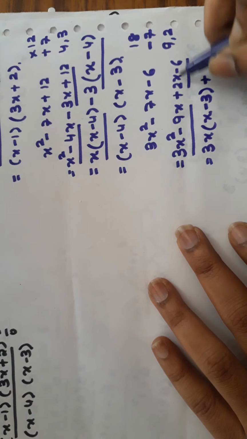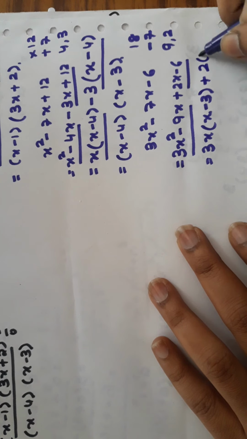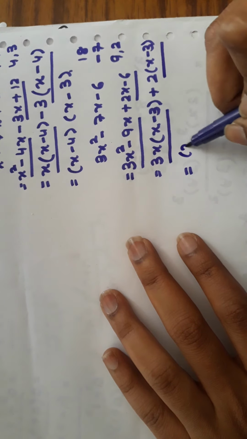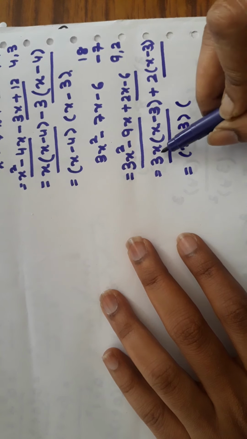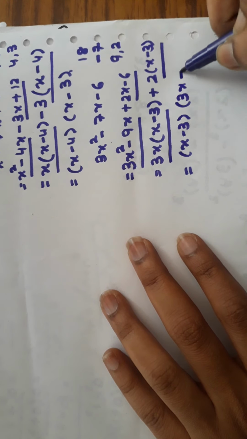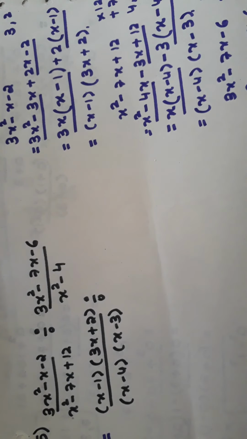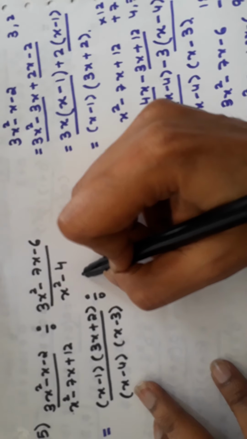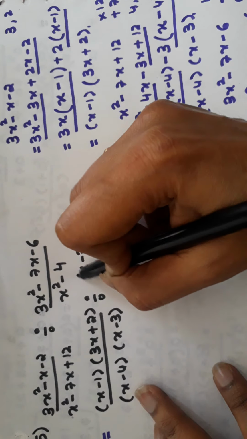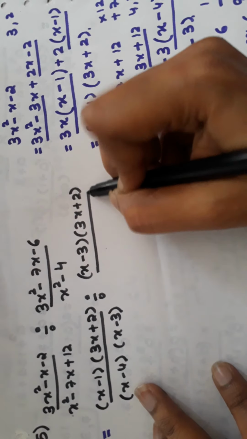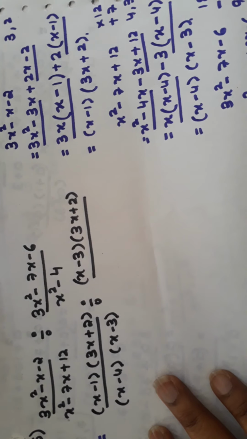Plus in the next two terms, 2 is common: x − 3. x − 3 is common in both the terms. Here it is 3x plus 2. So replace the denominator by (x − 3)(3x + 2), upon x² − 4.